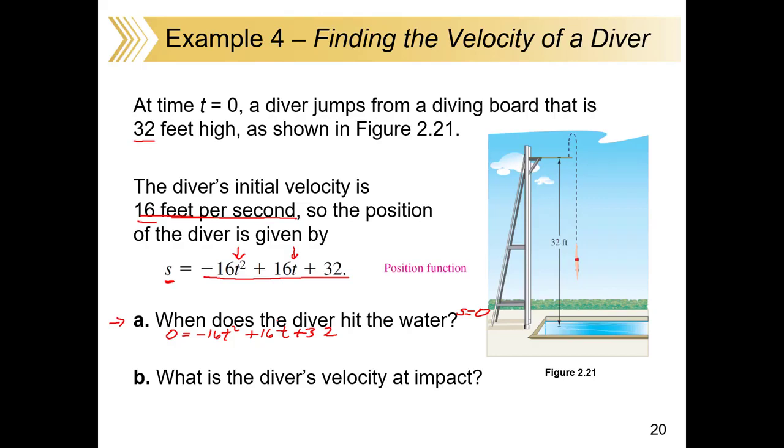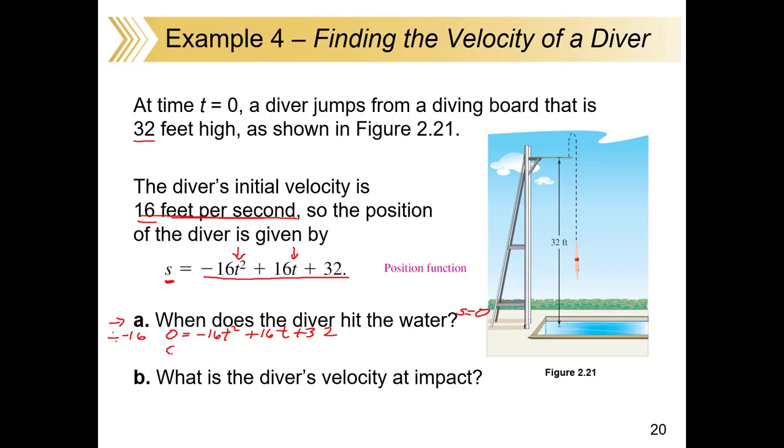You want to solve it for t? Real simple. Well, not quite so simple. Notice that all three of those numbers can be divisible by 16. So if we divide everything by 16, in fact, notice it's a negative 16t squared. Why don't we divide by negative 16?